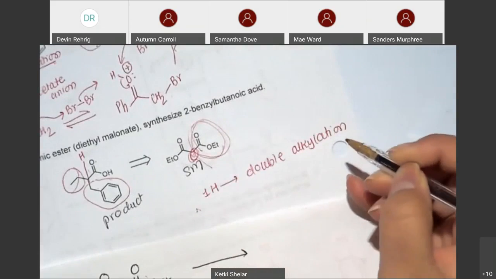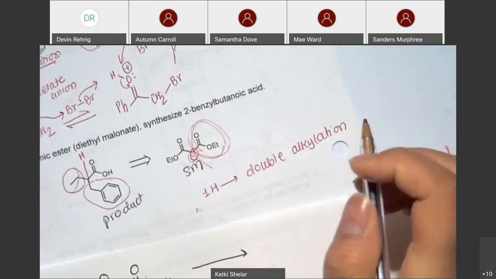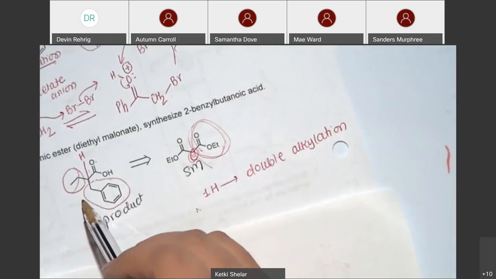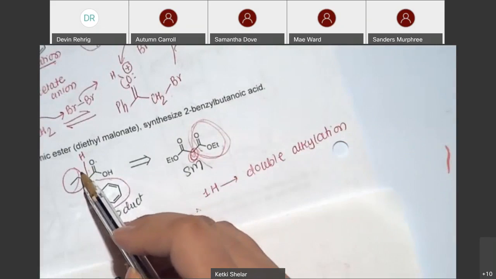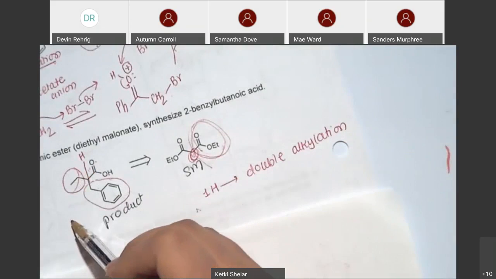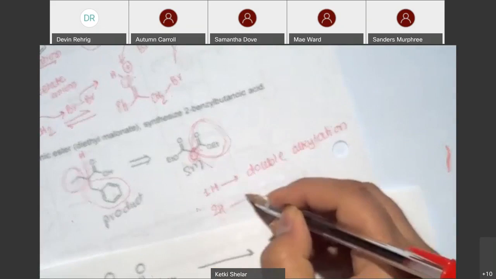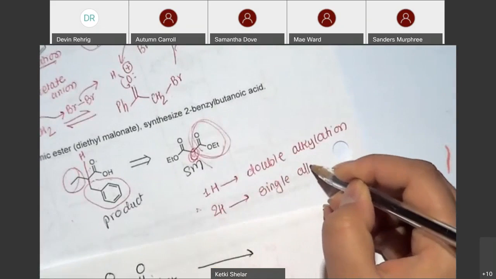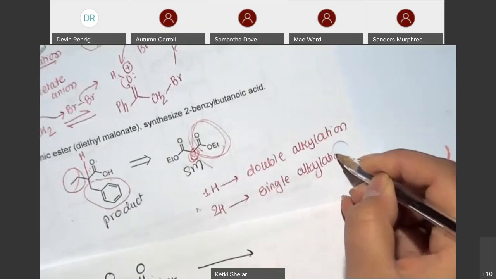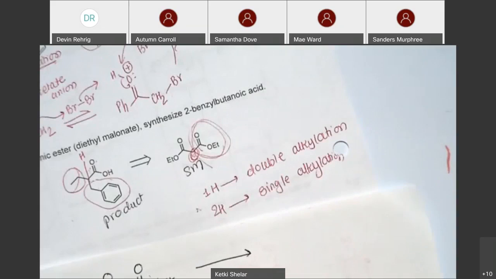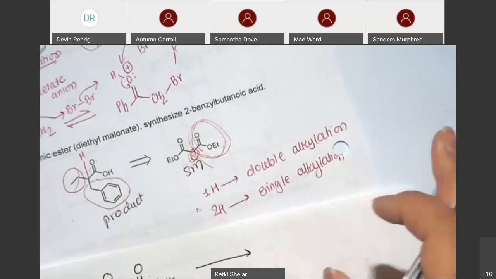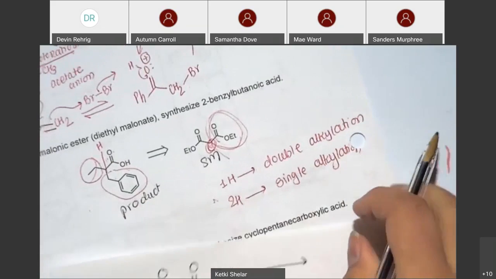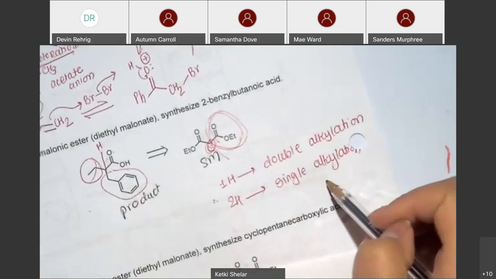Note this down. This is super, super important. And if there are two hydrogens instead of one, it means that it is single alkylation. This will gain you a lot of marks if you understand this. Okay, so it means there is single alkylation.